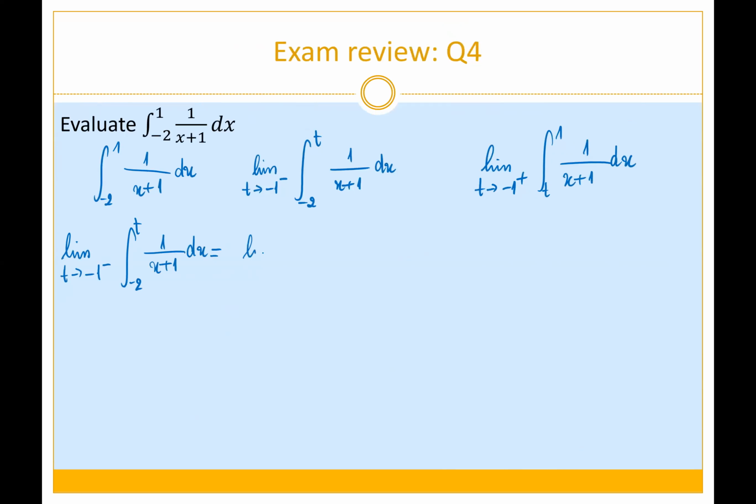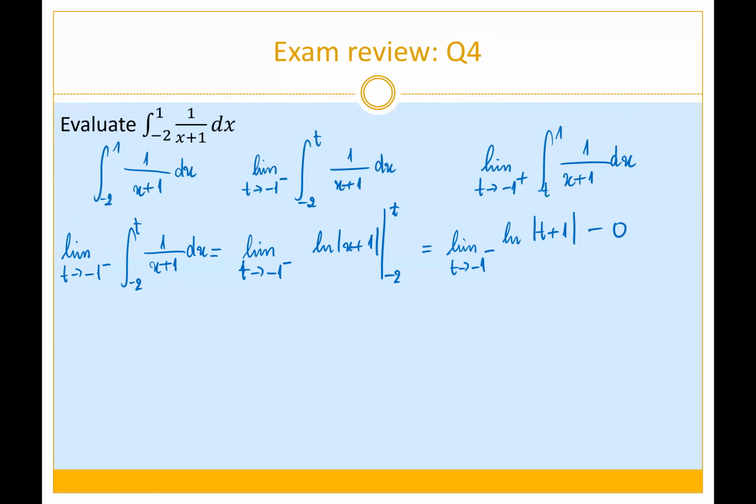This is the limit of ln of the absolute value of x plus 1, evaluated from -2 to t, which gives us the limit as t approaches -1 of ln of the absolute value of t plus 1 minus ln of the absolute value of -2 plus 1, which is ln of 1, which is 0.